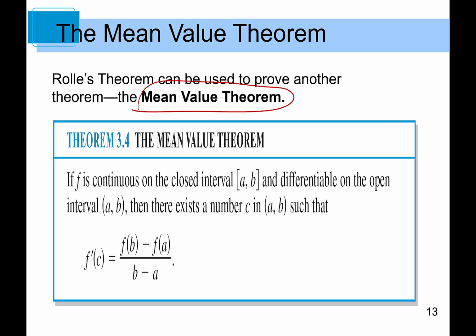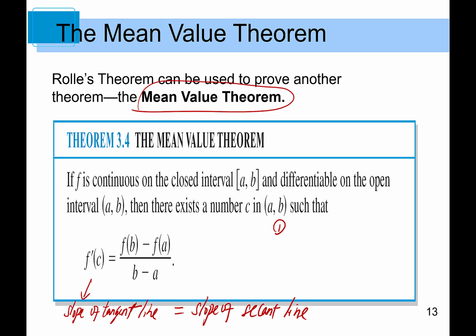If f is continuous on a closed interval a comma b and differentiable on an open interval a comma b, then there exists a number c in a comma b such that f prime of c equals f of b minus f of a over b minus a. Okay, so this is the slope of the tangent line equal to the slope of the secant line at x equals c. That's how you interpret this.